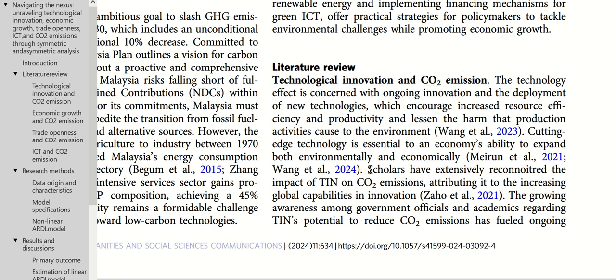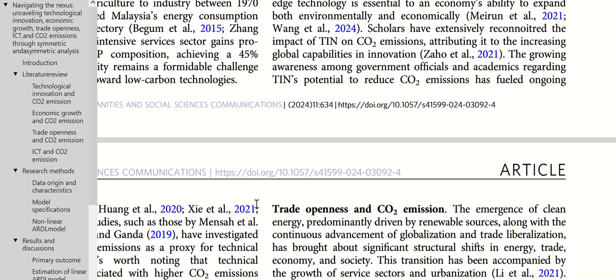After that, they talk about whether it is going to increase or decrease. So scholars have extensively examined the impact of technological innovation on emission, attributing to increasing global capabilities in innovation.